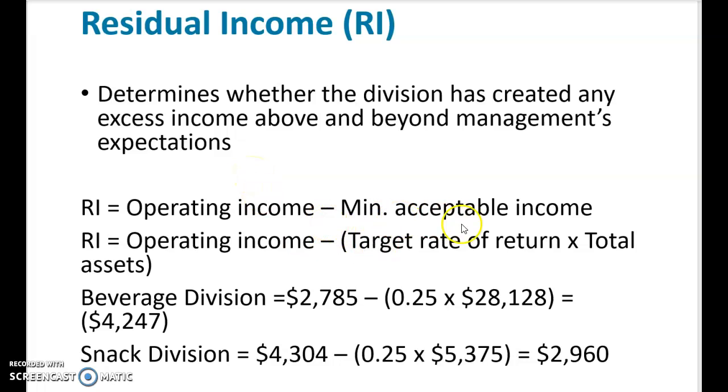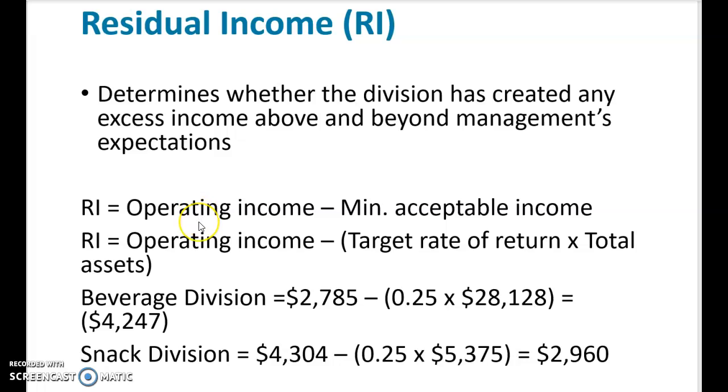So there's a new expression that comes up here called a minimum acceptable income. The minimum acceptable is frequently stated by the shareholders. They want 10% on the assets. So the minimum acceptable income is 10% maybe times an asset balance.